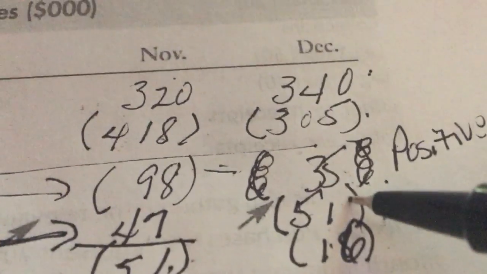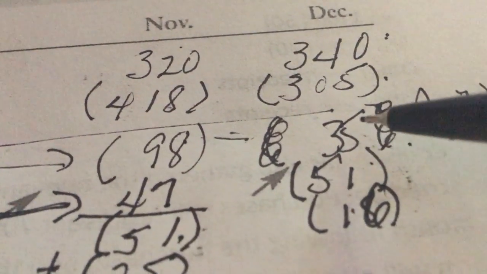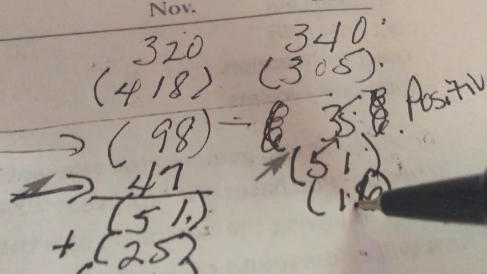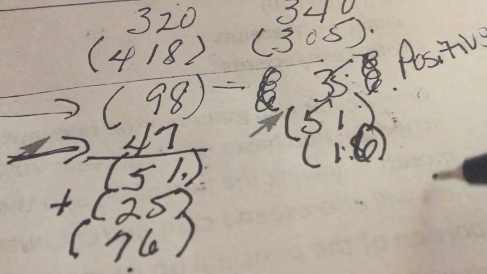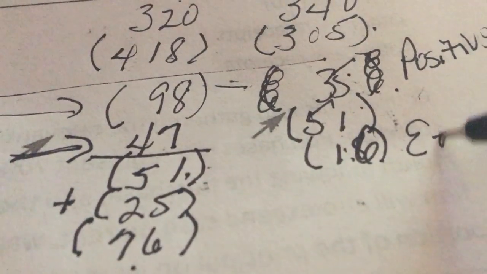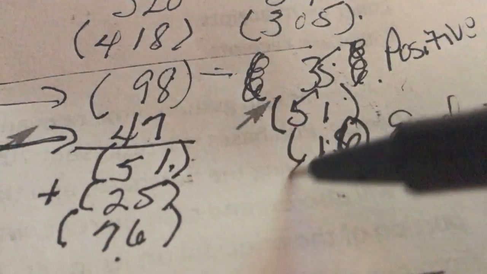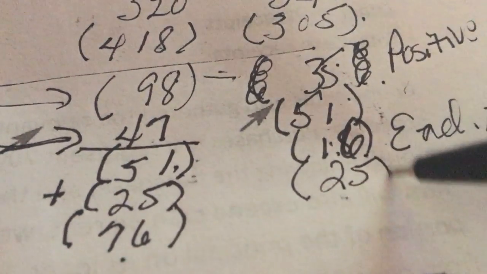In December, we had a -51 that we subtracted from the positive 35, which gave you a -16 as an ending balance. That's your ending balance if you go to the far side. Okay, now we want to keep 25,000 in the account.